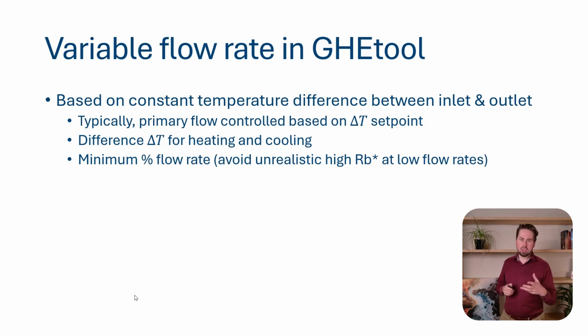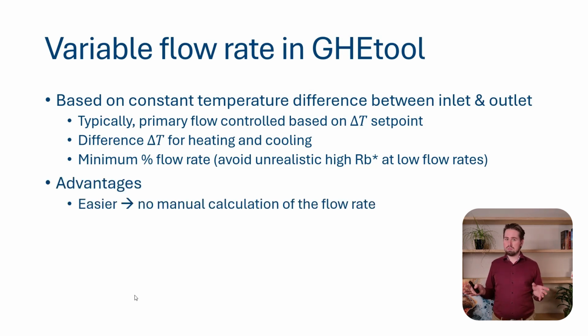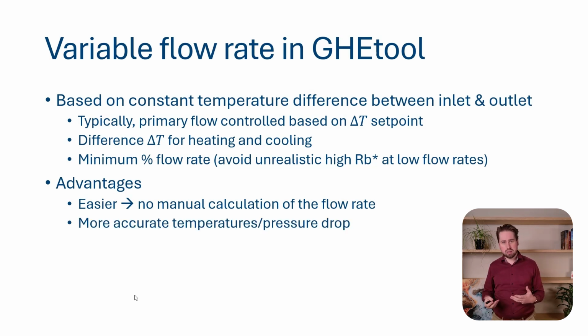Now, the advantage of using this delta T approach for variable flow rates is that it's easier. You don't have to calculate the flow rate yourself in GHEtool. It's more accurate. As we saw before, our fluid temperatures are no longer overestimated, and it's now way more accurately calculated.